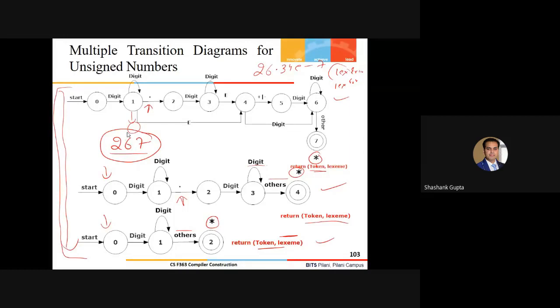Assume the first transition diagram is tokenizing like this, another transition diagram is tokenizing like this, and the third is tokenizing 3 characters. So we have to always go for the maximal munch principle, the longest match.